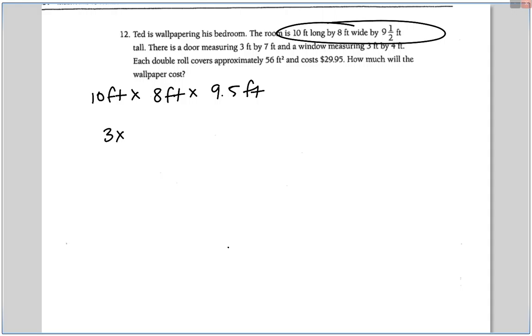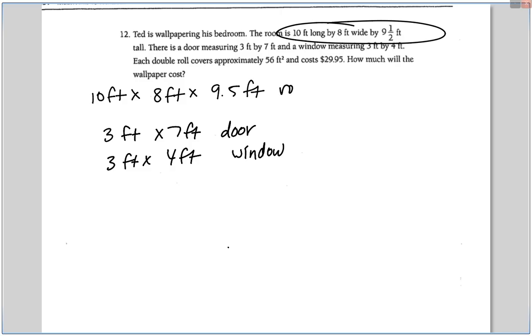The 3 feet by 7 feet, that's the door, and then a 3 foot by 4 feet window. So you need the square footage because they're talking about how many rolls of wallpaper you have to buy and the cost.